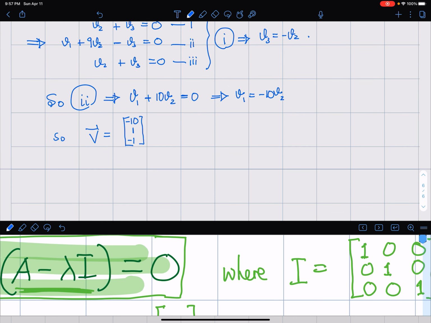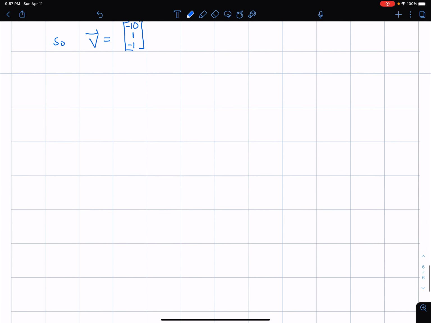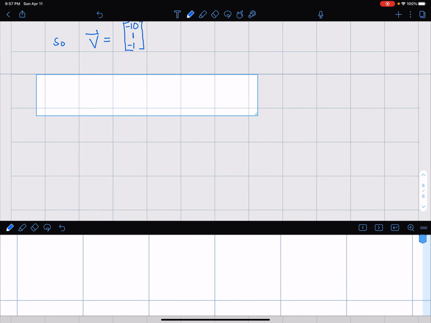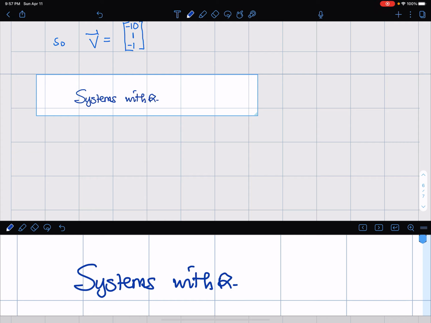Okay, today we're going to look at a case where we have repeated eigenvalues. So let's say systems with repeated eigenvalues.